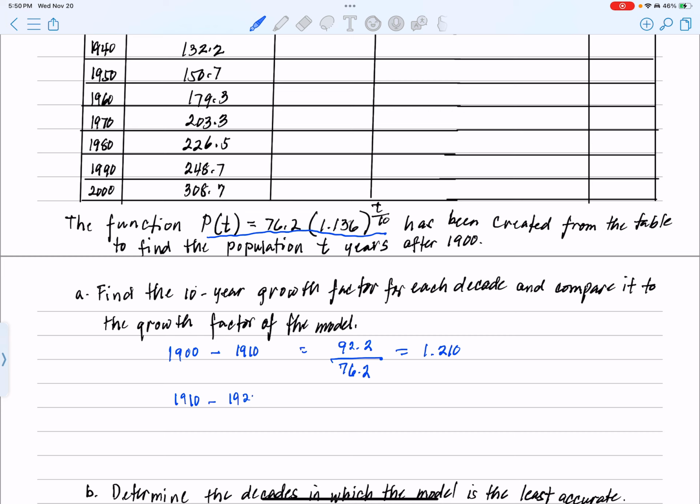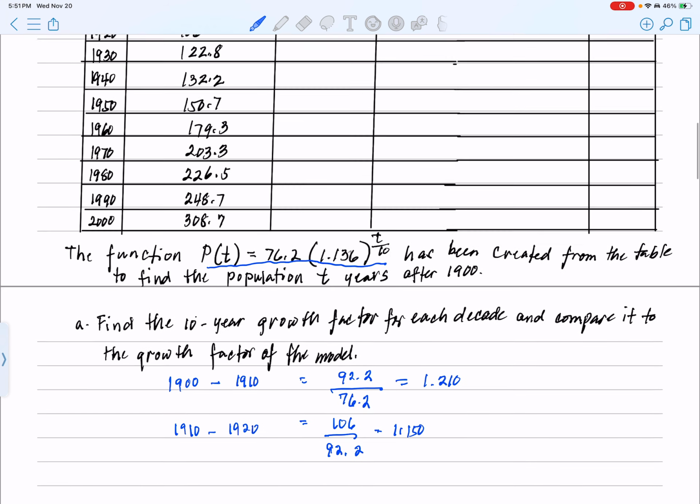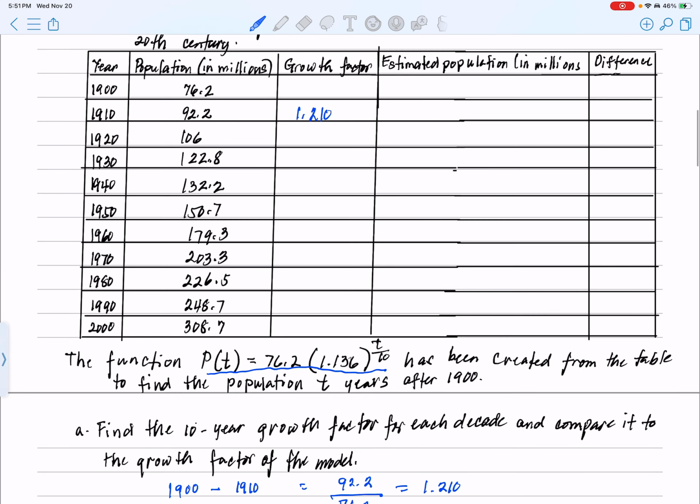we have 106, get the ratio, divided by 92.2. Then you come up with 1.150. And that will be the growth factor here, 1.150.